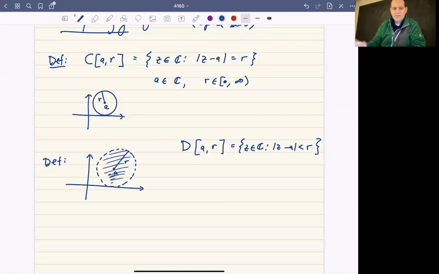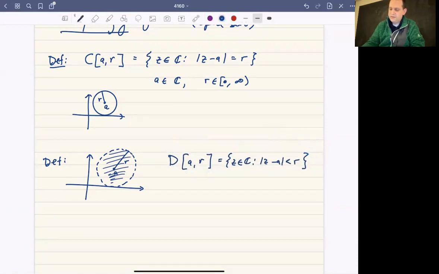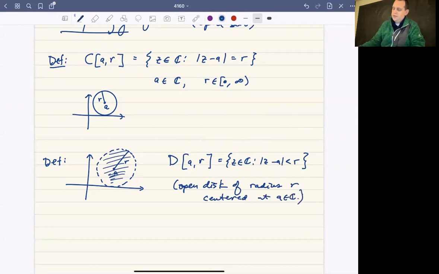So all those points inside the circle, not on the circumference of the circle, is the open disk of radius R. So open disk. I'll explain what I mean by open shortly. Centered at A. And that's the open disk of radius R.